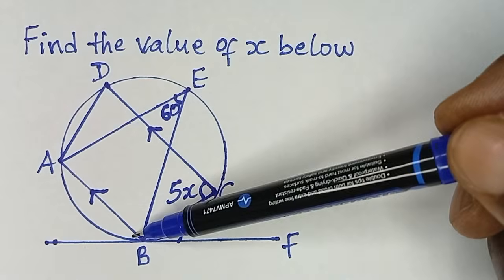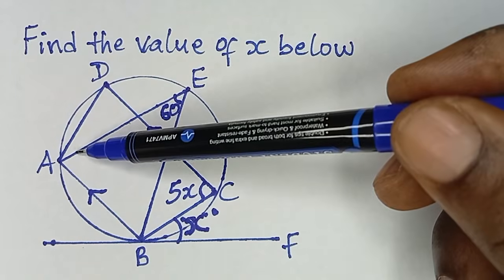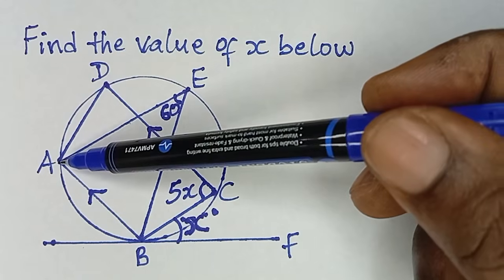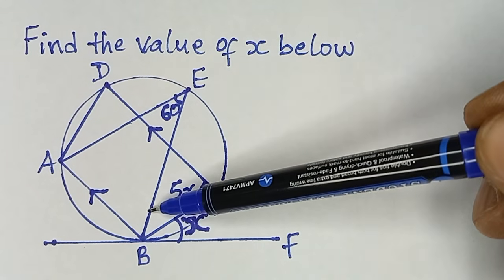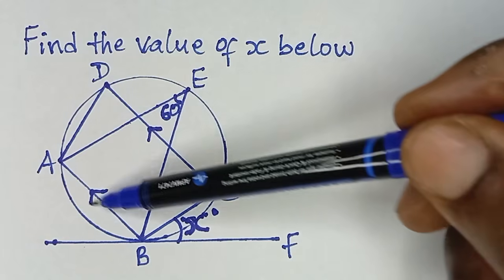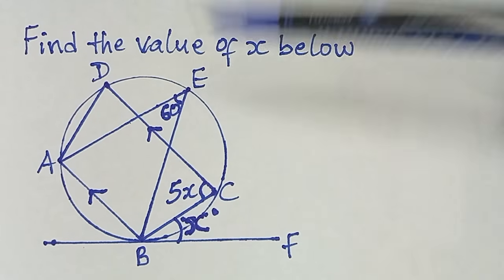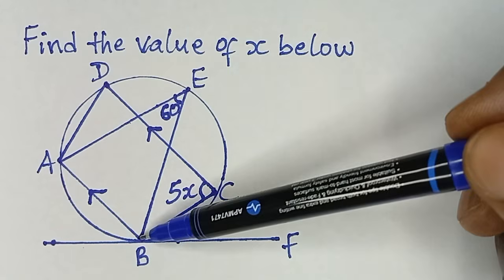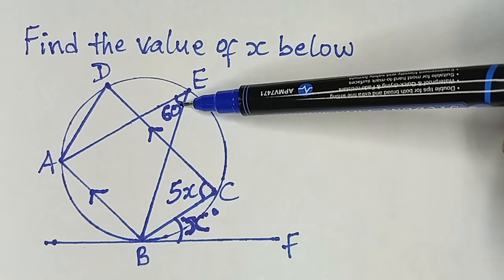So this line has this angle, just like this line has this angle in the triangle, and in the same way, this line AE has this angle in the triangle. Don't forget that rule.